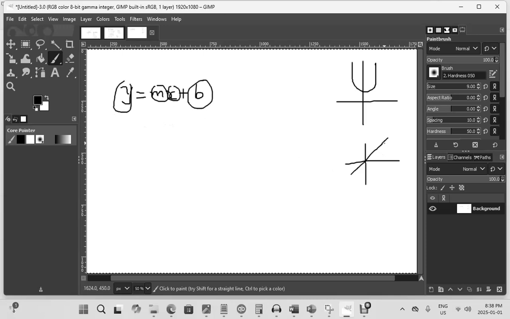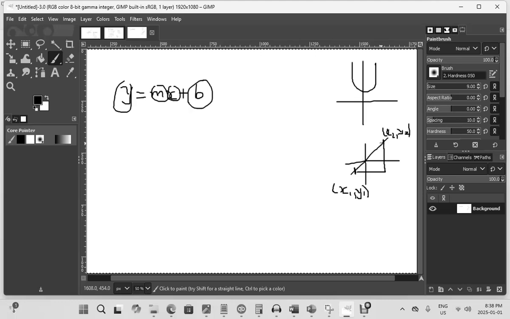Given two points on this line, let's say point A and point B, you can figure out the slope of the line. All you have to do is figure out y2 minus y1, where this is x2 and y2, and this one over here is x1 and y1.